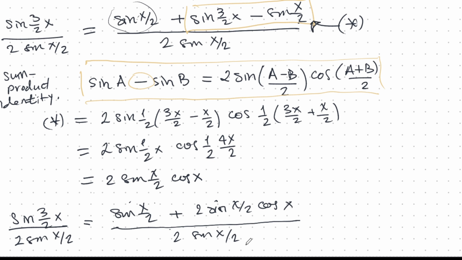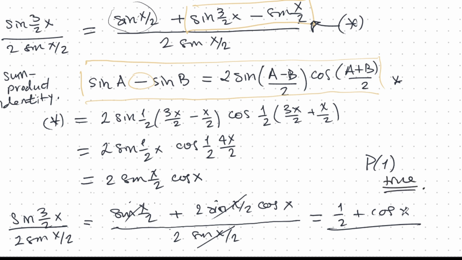If we cancel this out, we're left with 1/2 plus cos x. That's very nice. I think this is the greatest application of a sum-product identity I've ever seen. So P(1) is true.